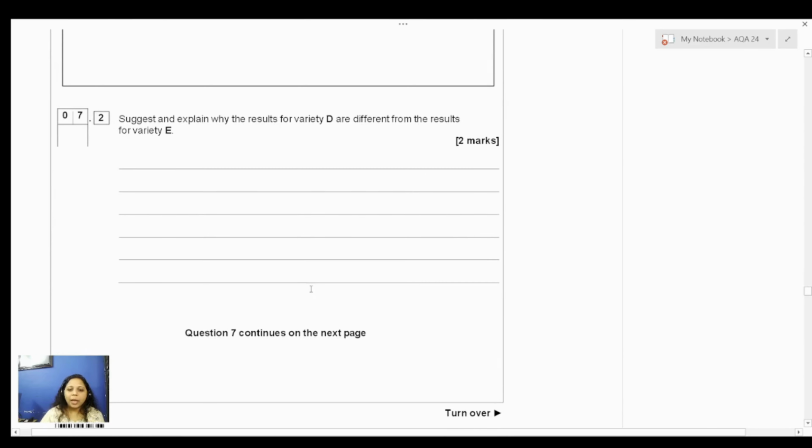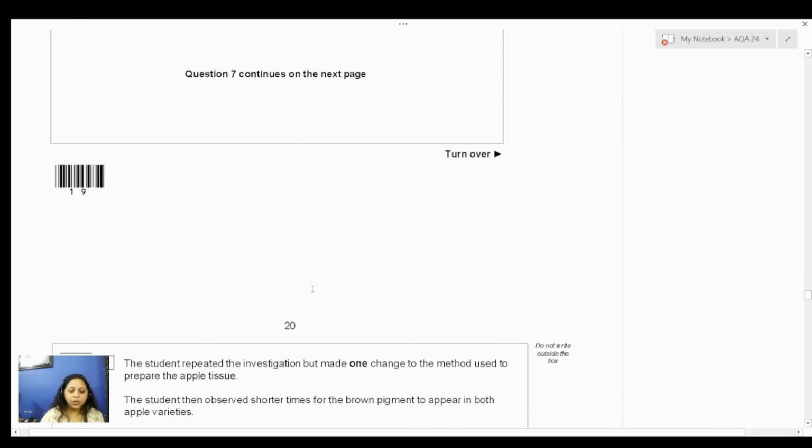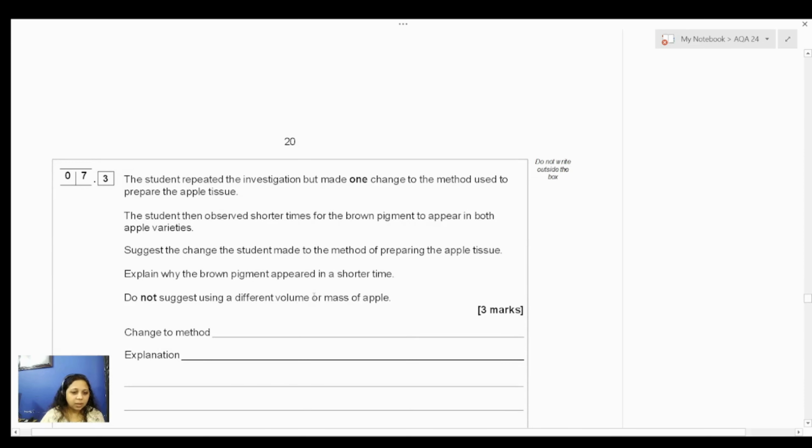Another homework is that you need to tell me what things you want to discuss in paper 2 of the same year, year 24. You need to mention the questions. Please don't give all the questions because it's really tough to explain all the questions in one lesson. I really want to focus on the points that you lag in. So try to solve paper 2 and tell me which questions you want me to explain.